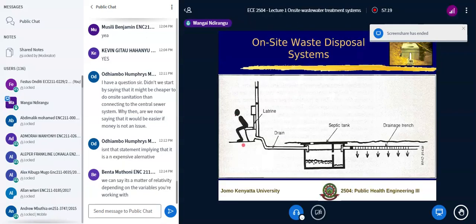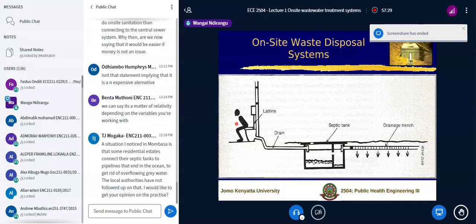Now, a basic conventional system includes a pit latrine, a septic tank, and a disposal trench. We'll be designing each of these, especially how to design a septic tank and how to design an effective wastewater dispersal. So there is the source, the primary treatment, and the secondary treatment.